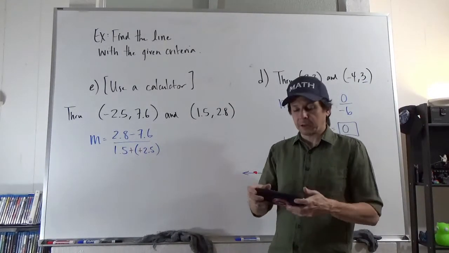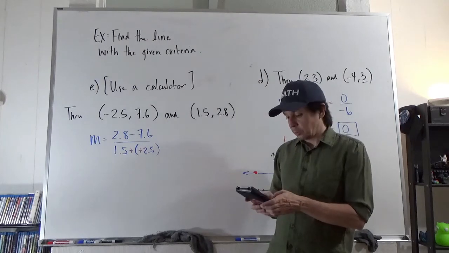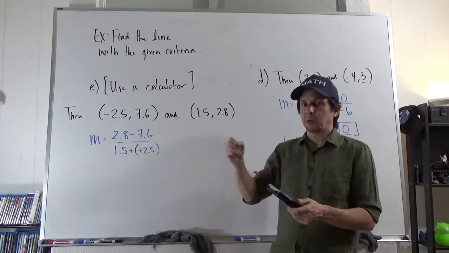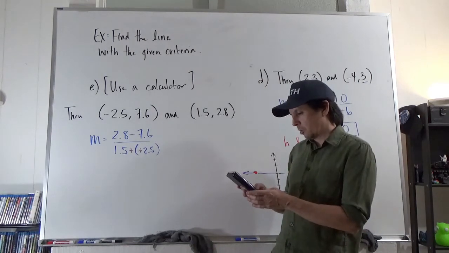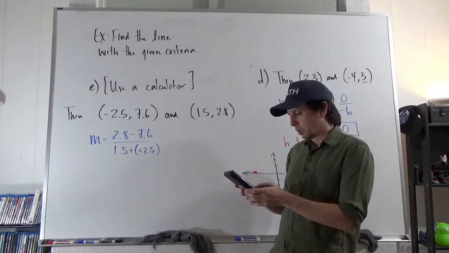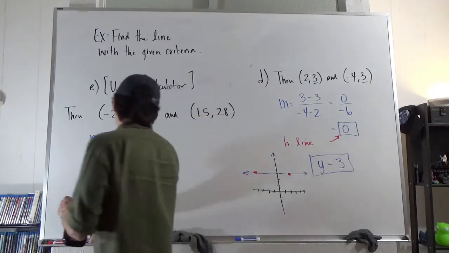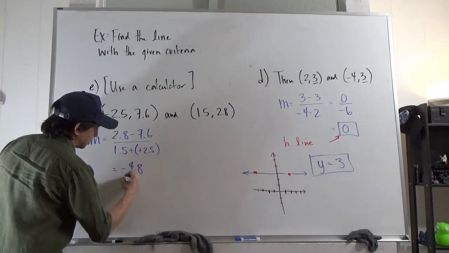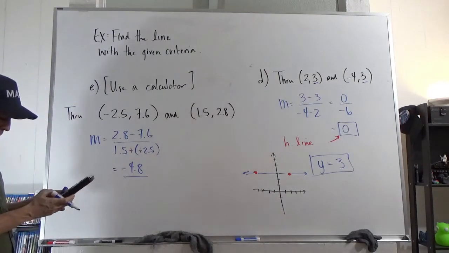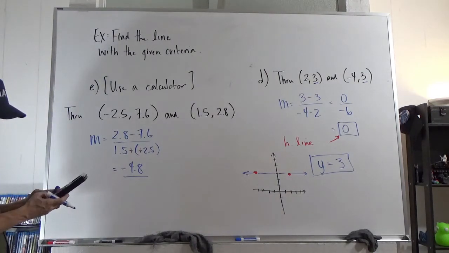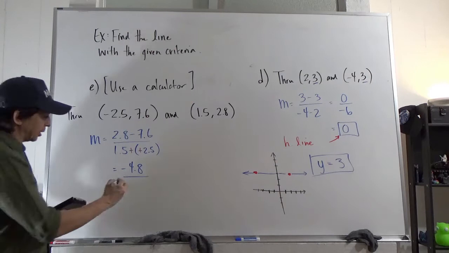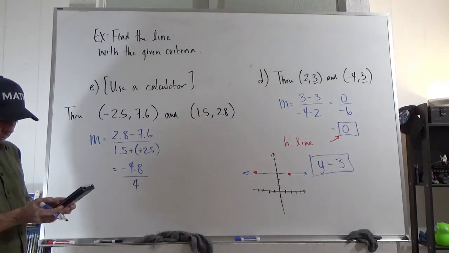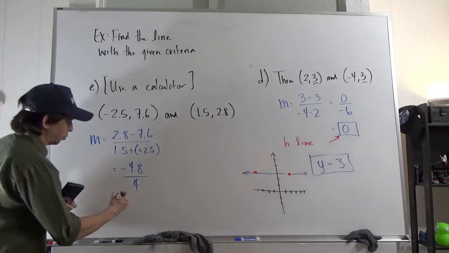You can use a calculator for any of them, but this one, I definitely want you to not be doing any kind of hand computations and carrying ones and borrowing when you subtract. I just want you to use technology for it. I'll get negative 4.8 up top. I will happen to get a nice whole number on the bottom, but I still have to divide. And I get negative 1.2.